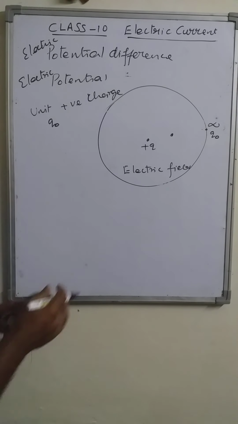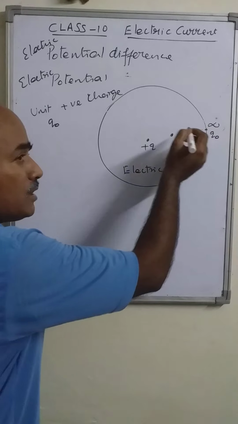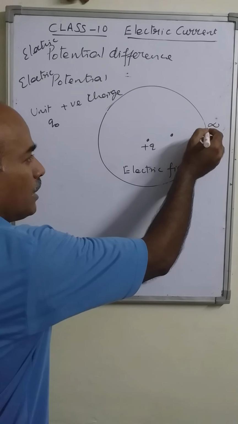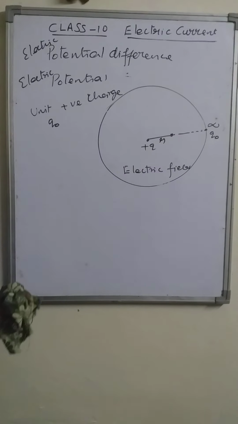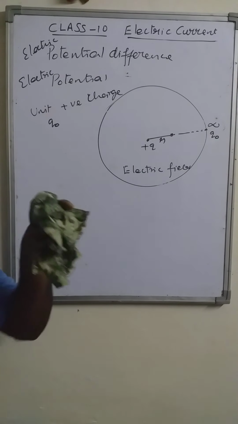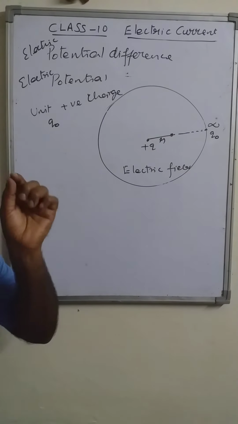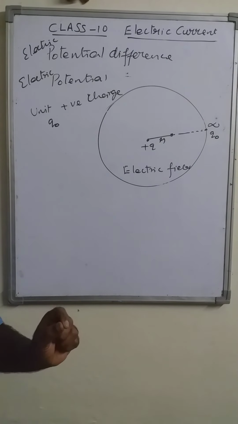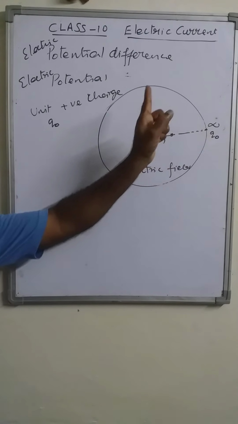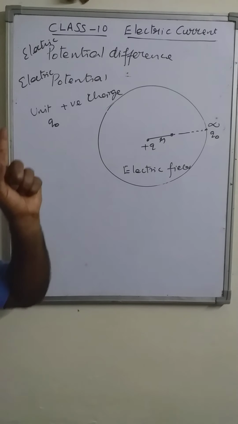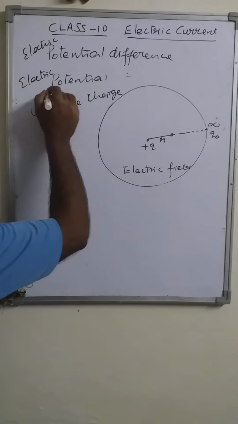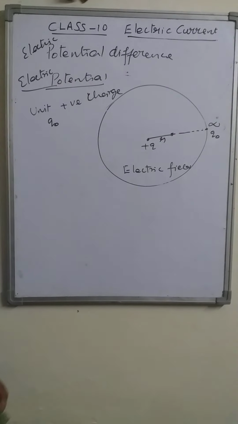In that case, to bring this test charge, the unit positive charge, from infinity to this particular point at distance r, work is to be done. That work done to bring a unit positive charge from infinity to a particular point inside the electric field is known as electric potential.